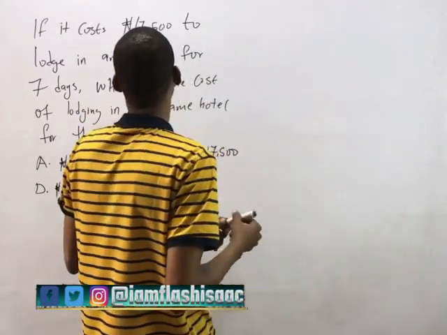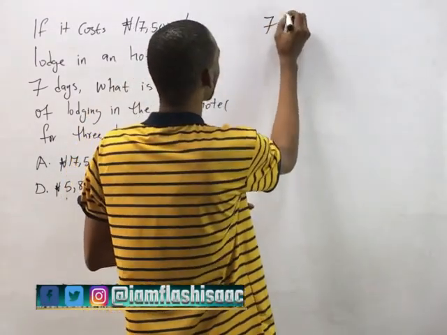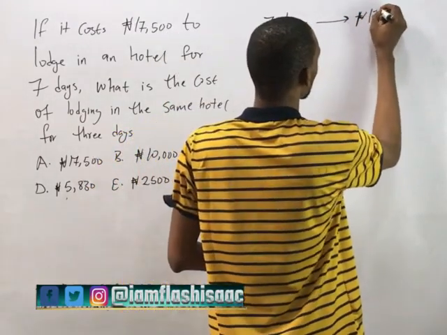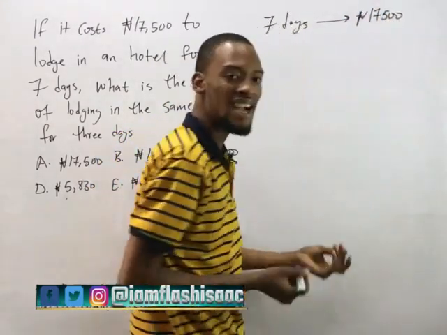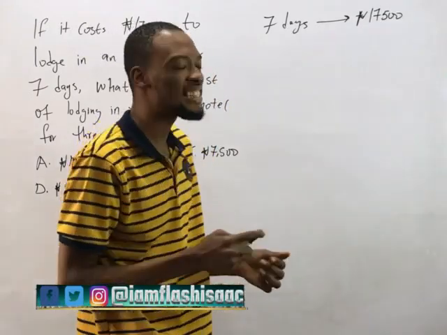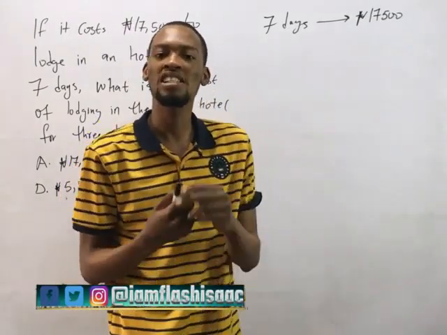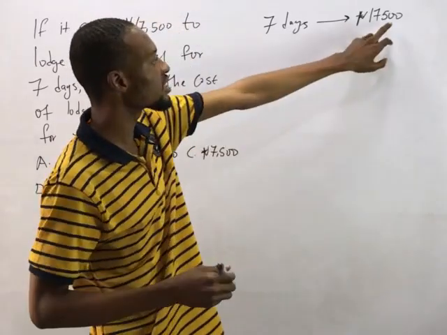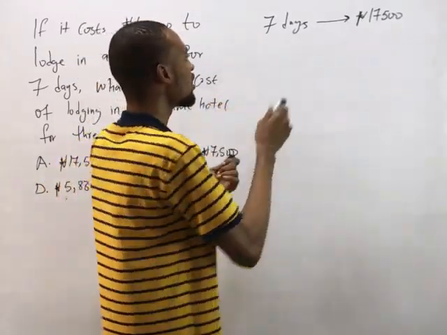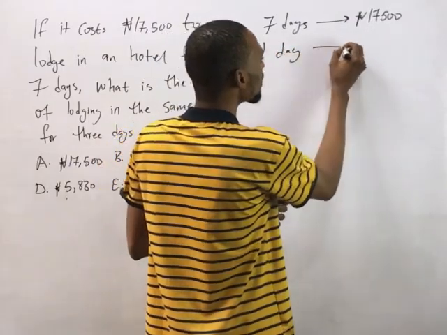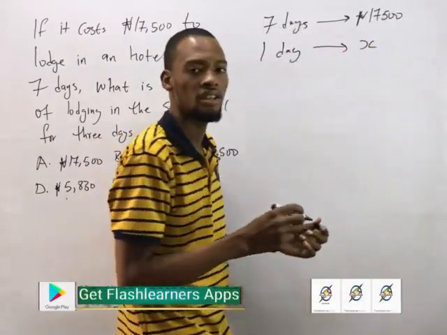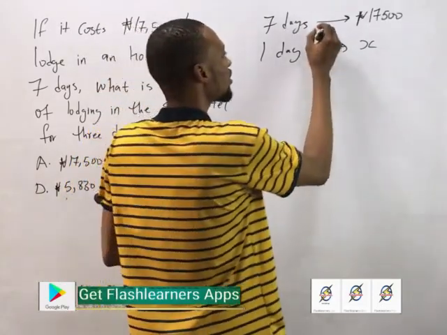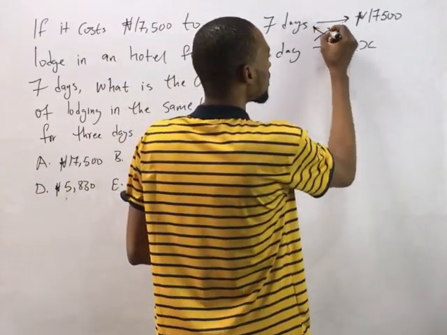Look at it. They said 7 days is how much? 17,500, right? Now, first, let's calculate how much it takes to lodge for 1 day. So if 7 days is 17,500, 1 day will give you what? We don't know yet. Let 1 day be S. After arriving at this, the next thing you do is cross multiply this way and this way.